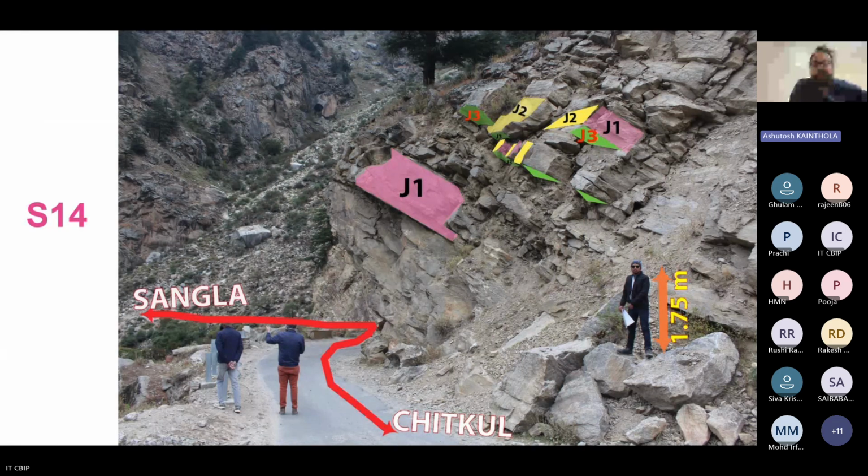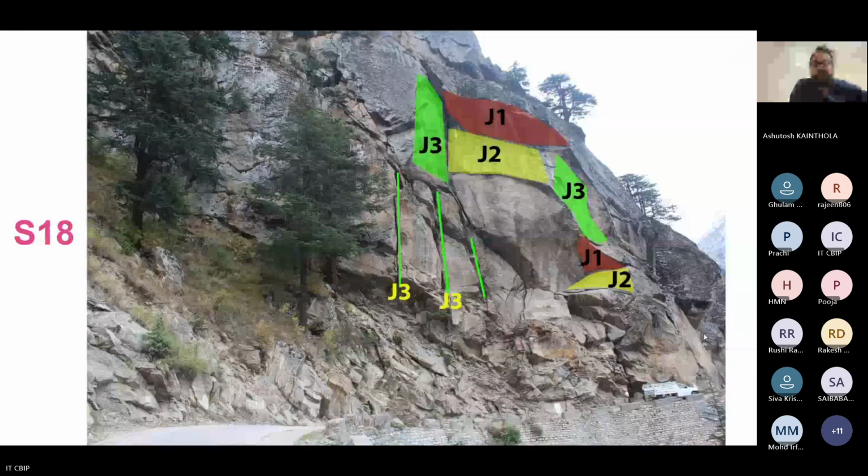Next, please. Again, this is our site 18. It's near Chitkul, and you can clearly see well-formed joints. And if you look closely, where you see an intersection of J1 and J2, a wedge is being formed there. Next, please.